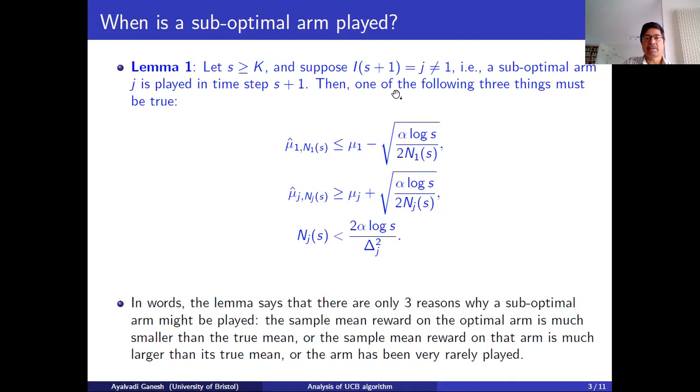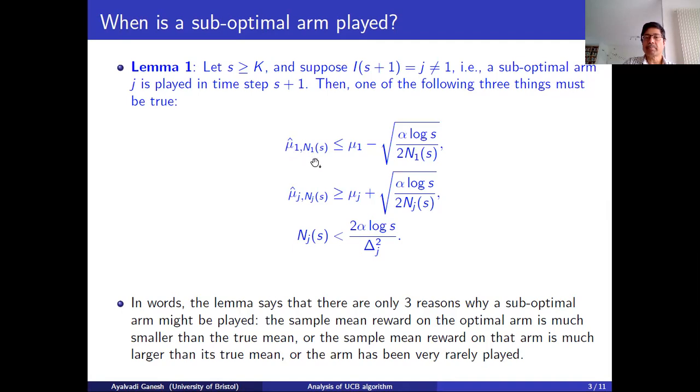And the claim is that one of the following three things must happen if we are to choose to play arm j. And these are quite intuitive. So why might we play arm j? It might happen that the sample mean reward we obtained on the first arm in the first s time steps is much smaller than its true value.